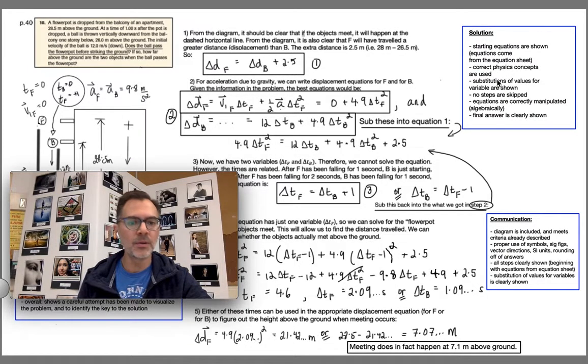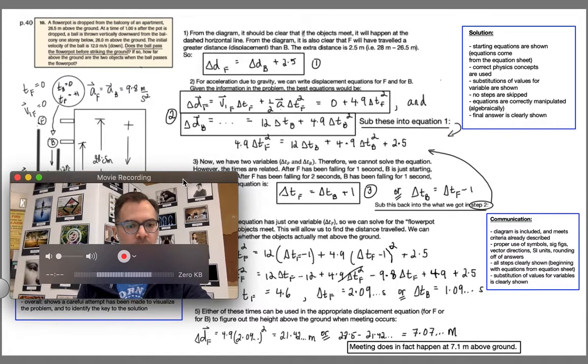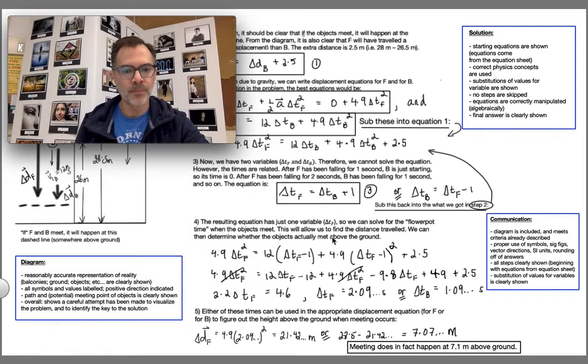So if you knew, let's say, that this over here was going to be the result, let's say you knew somehow, I don't know, you're a genius, you have a photographic memory or something, and you knew that the solution was going to be 2.2 delta TF equals 4.6. That's great. You're smarter than I am, but you can't start with this at the very top and just write it and expect me to believe that you somehow knew that that's how it was going to turn out.